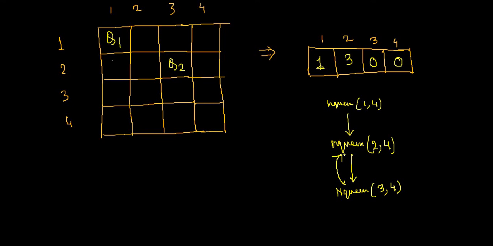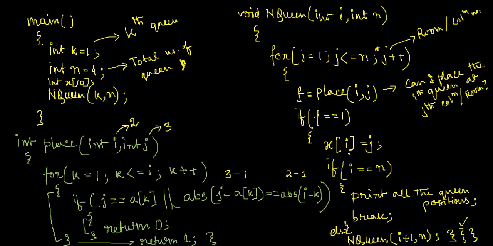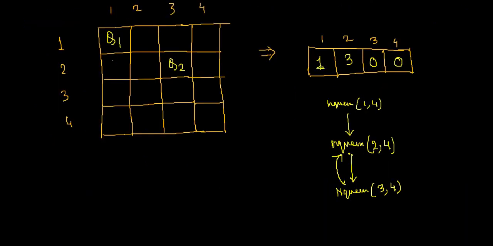And when the control comes back to queen 2, 4, the for loop will resume from where it paused. And where was it stopped? It was stopped at a value of j equal to 3.